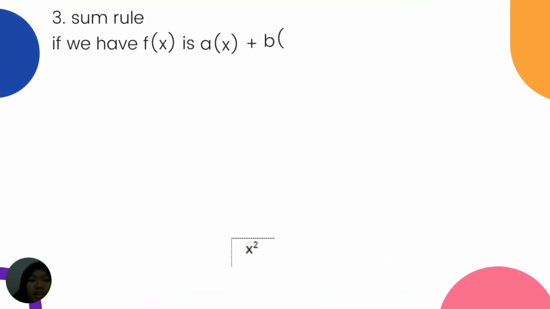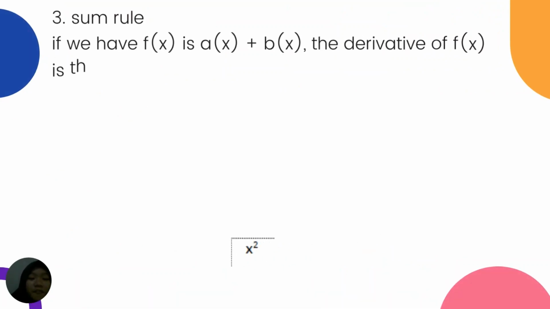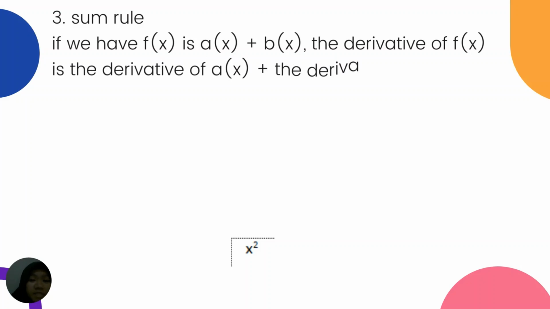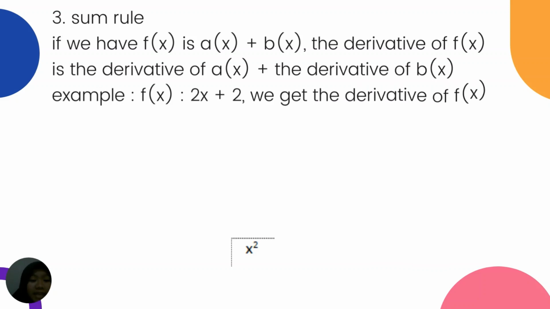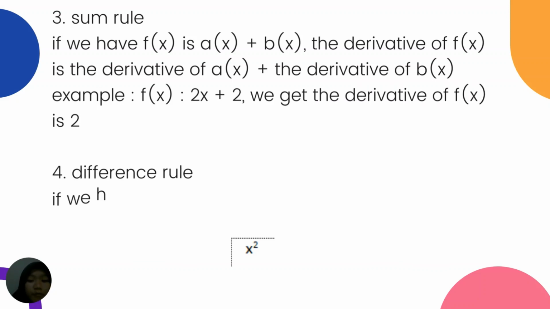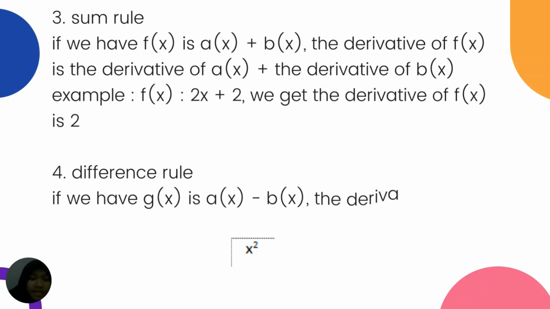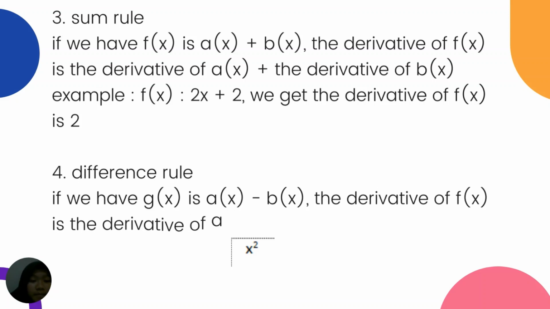Next, the sum rule. If we have f x is a x plus b x, the derivative of f x is the derivative of a x plus the derivative of b x. For example, f x is 2x plus 2.